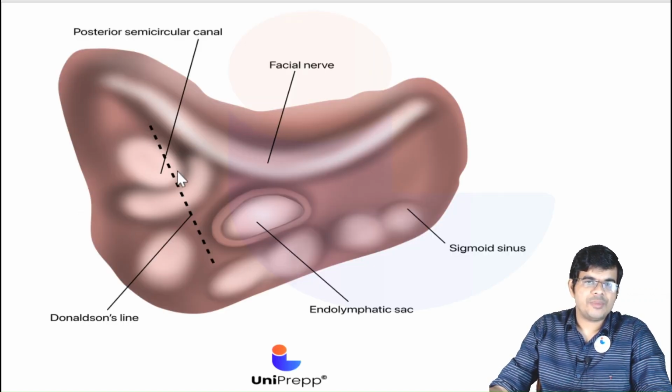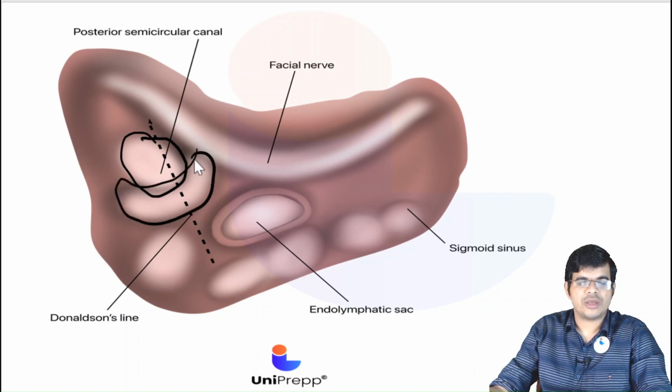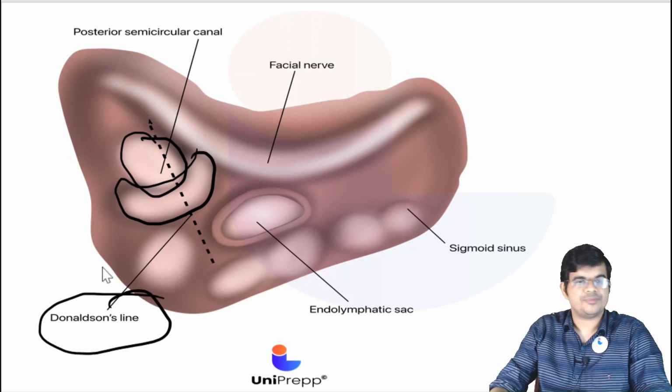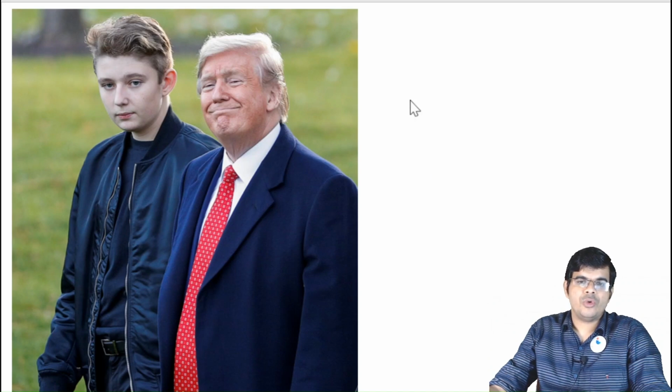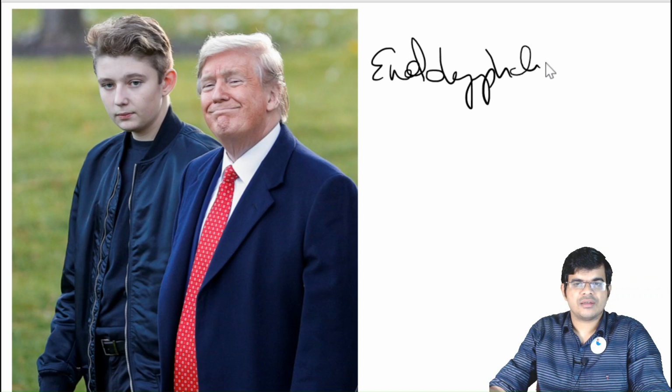When this lateral semicircular canal is extended posteriorly like this, to bisect the posterior semicircular canal, that line is what is known as Donaldson's line. And just inferior to Donaldson's line, you have the endolymphatic sac.